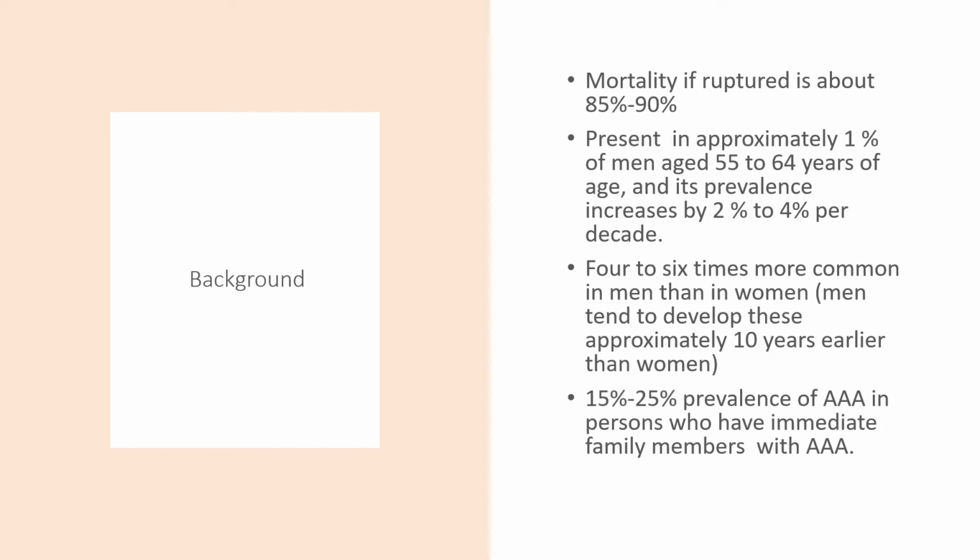Background. Mortality, if ruptured, is about 85% to 90%. Present in approximately 1% of men aged 55 to 64 years, and its prevalence increases by 2% to 4% per decade. It is 4 to 6 times more common in men than in women. Men tend to develop these approximately 10 years earlier than women. There is a 15% to 25% prevalence of AAA in persons who have immediate family members with AAA.